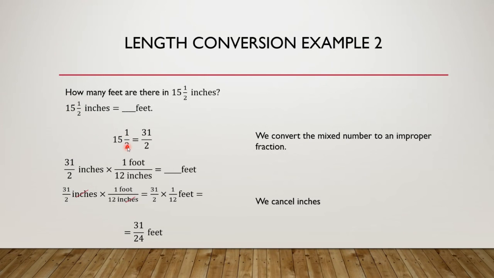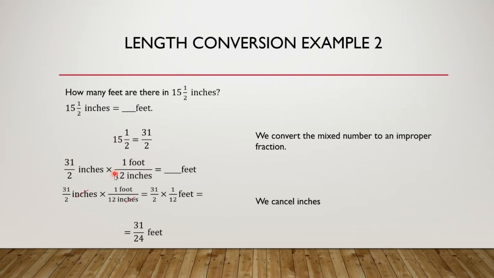You take the denominator, you multiply it by the number in front. In this case, 2 times 15 is 30, and then you add the numerator, plus 1 is 31. So we get 31 over 2. So we have 31 over 2 inches, and we want to know how many feet that is.